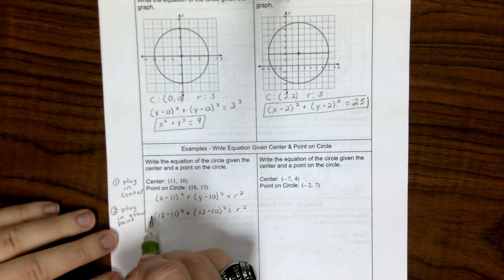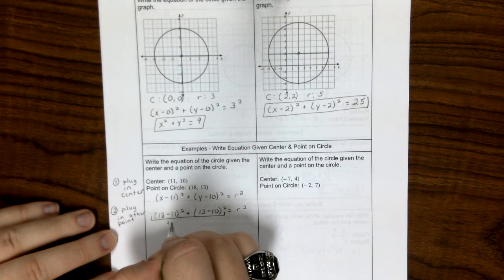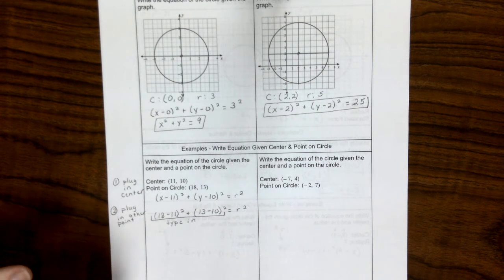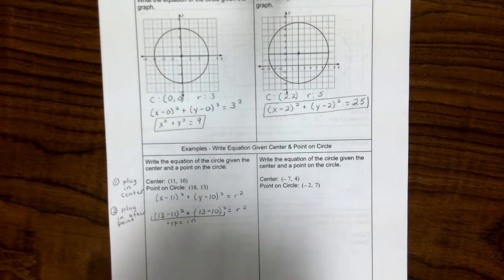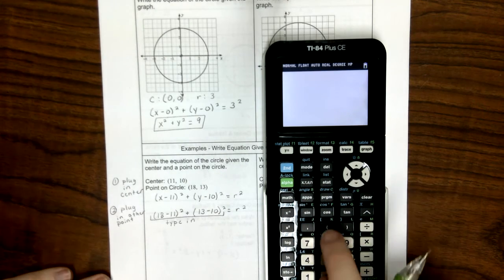Okay, and then all of this, type in. So let's type all that on the calculator.